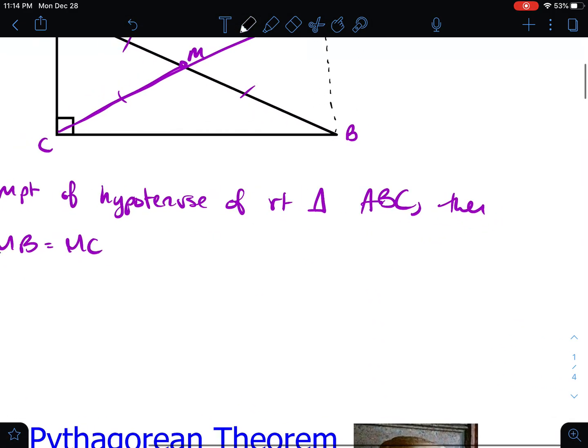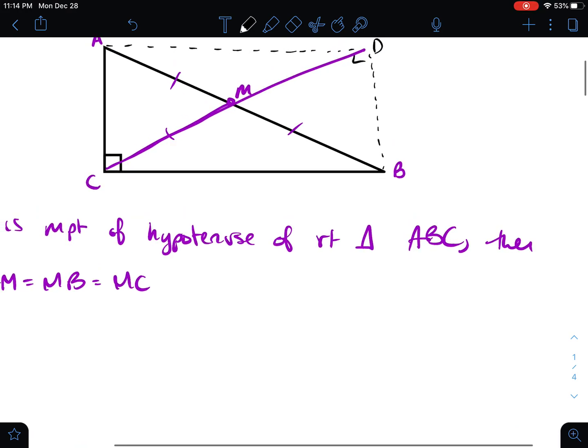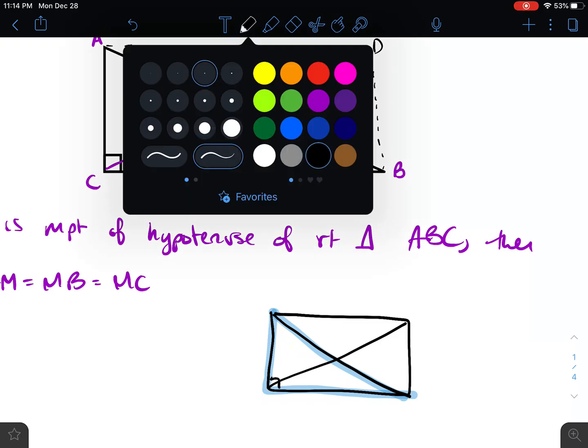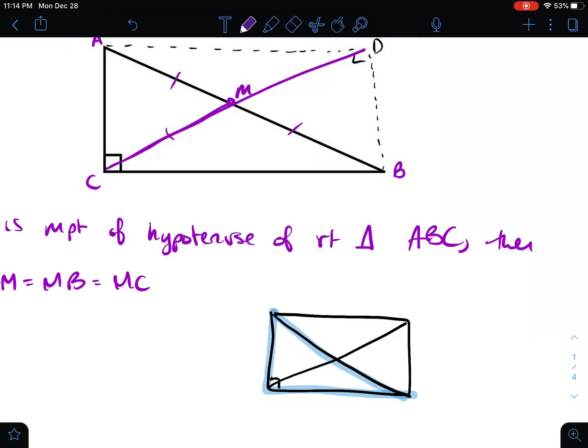So the really quick why here is that if I form this into a rectangle, each side of this is a diagonal. Here's my first triangle, not terribly straight, but proof of concept.